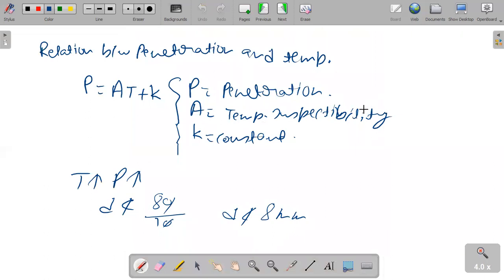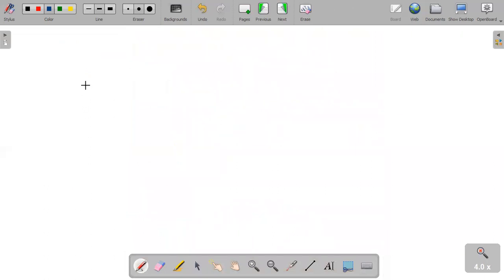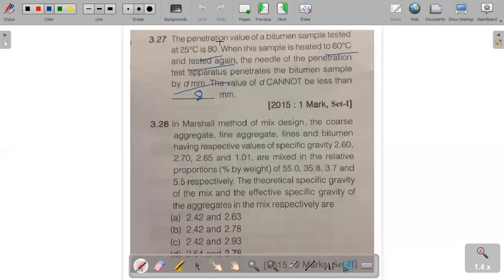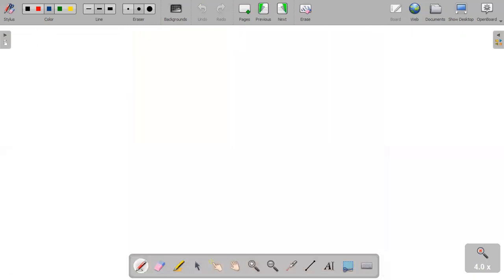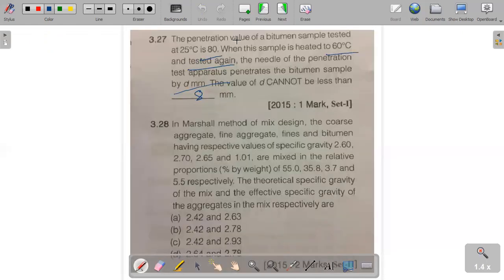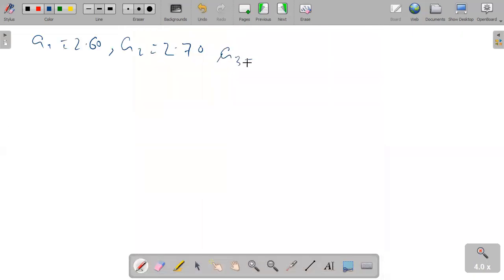Basically, if we remove all these things, we have the data that G1 is equal to 2.60, G2 is equal to 2.70, and G3 is equal to 2.65.